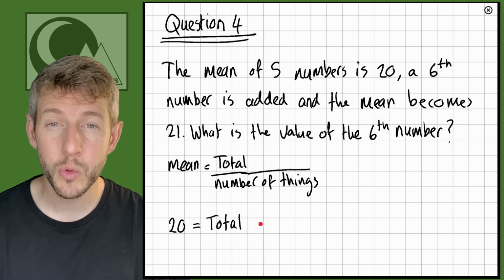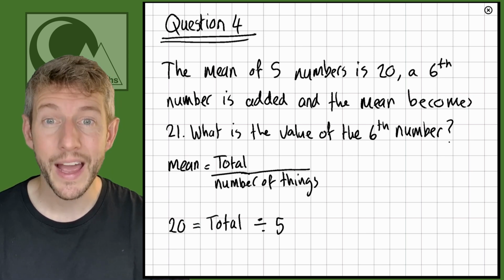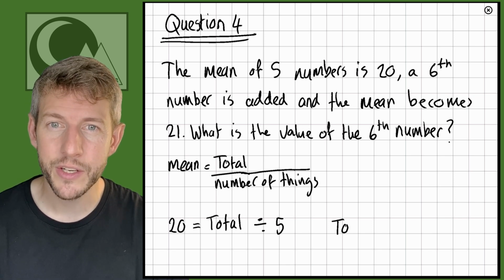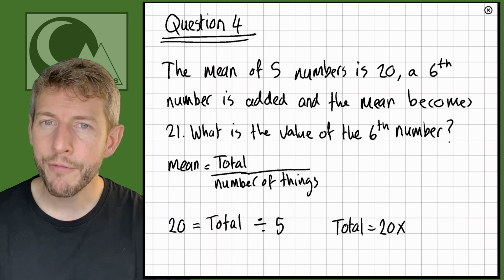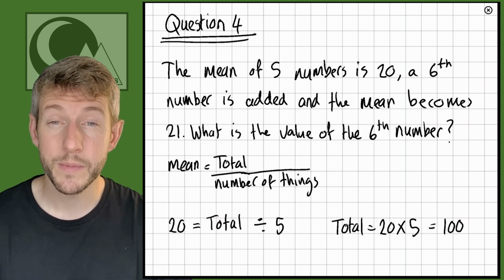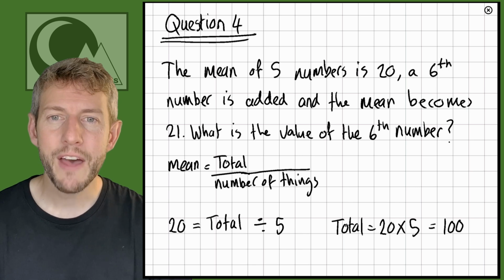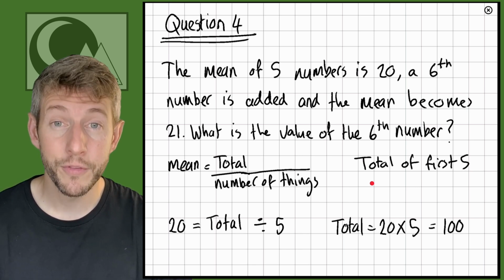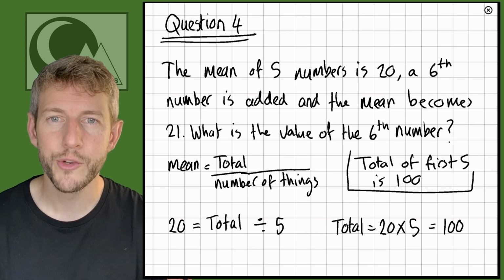So that means that 20 equals everything added together divided by 5. Now, using the reverse calculation, that tells us that everything added together equals 20 times 5. 20 times 5 equals 100. So therefore, we know the total of the first five numbers equals 100.